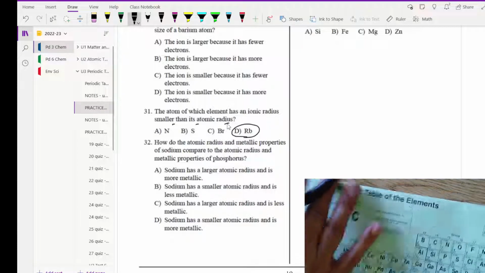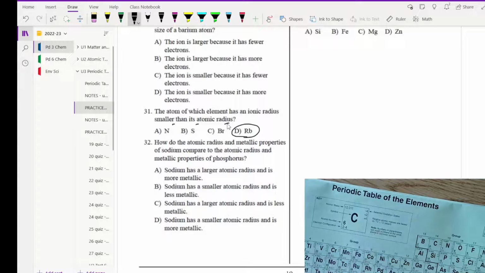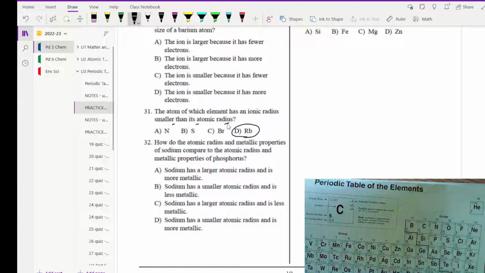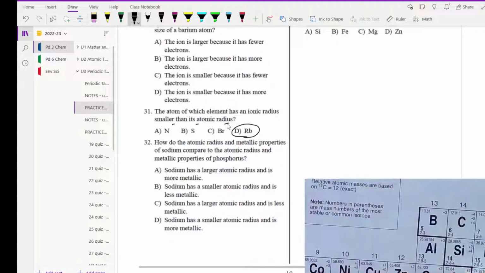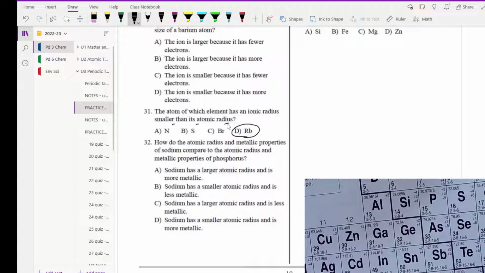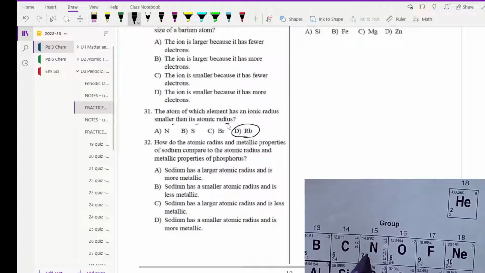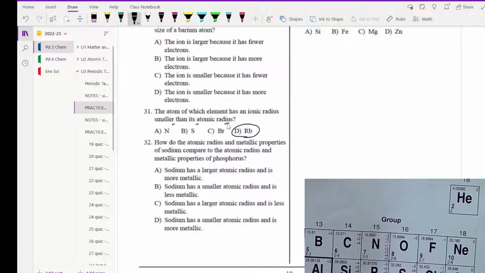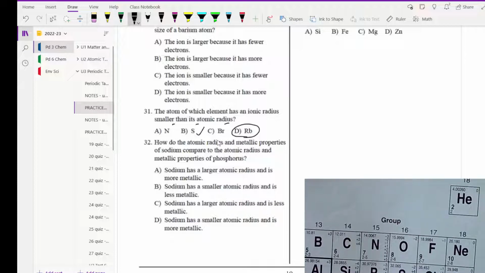You can find the oxidation state top right, and you'll notice that all of these elements, for example, nitrogen, let me just slide that over. Nitrogen carries most commonly -3, -2, -1 charges. And because of that, they've gained electrons, so their ionic radius is larger. Same with sulfur, same with bromine.